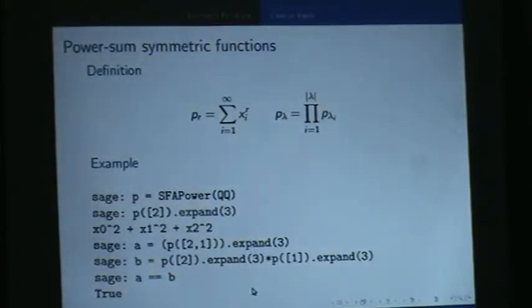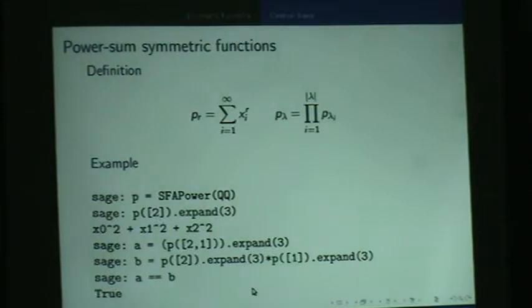So here's the first basis, known as the power sum symmetric functions. How you define it is you define P sub r, where r is some positive integer, and you just sum up all the individual variables raised to the rth power.